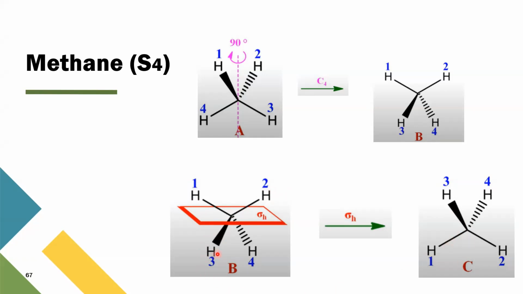But the hydrogen labeled 3 is coming out towards you, so it will stay on top towards you when you reflect. And the hydrogen labeled 4 goes inside and will stay in place. So you get A and C as the same indistinguishable orientation. So it is called the S4 rotation axis. Now is it clear? First you do the rotation and then the reflection perpendicular to that axis.